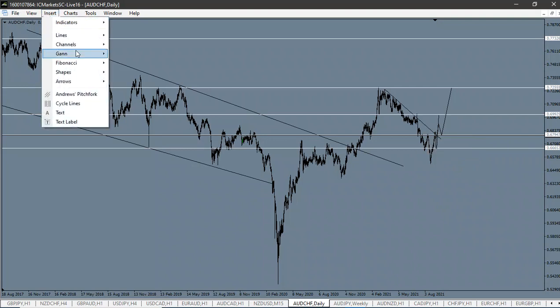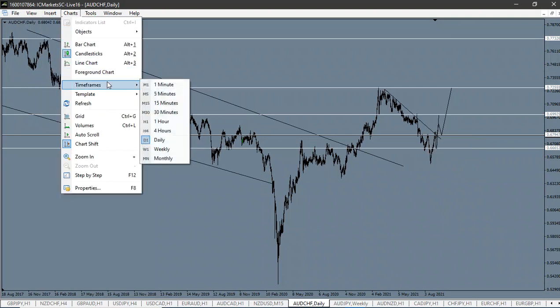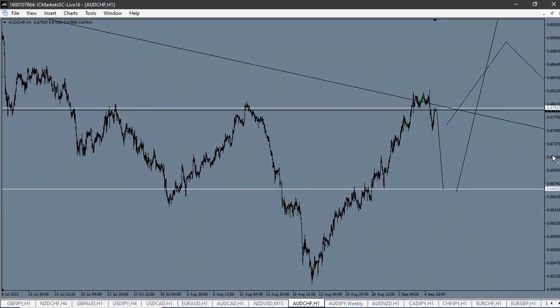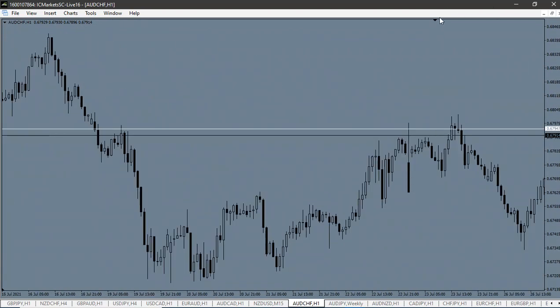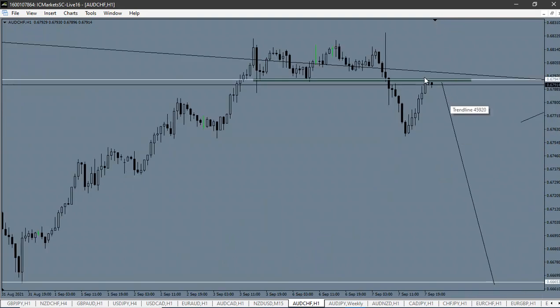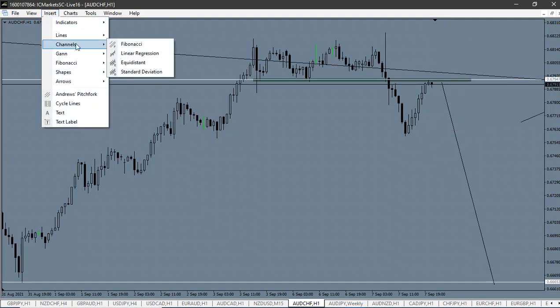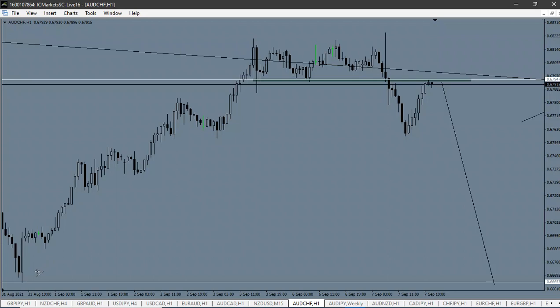But for now what we are looking for is a confirmation at this level, because if price respects this level, we can be able to really milk.